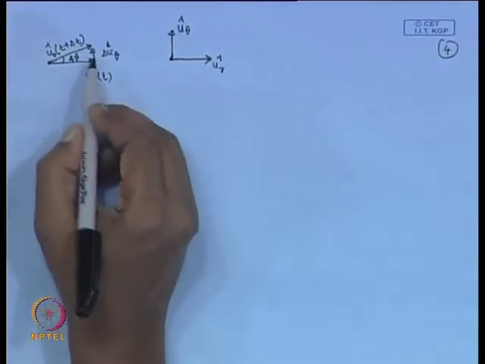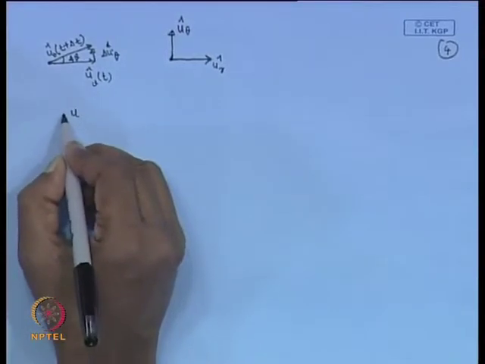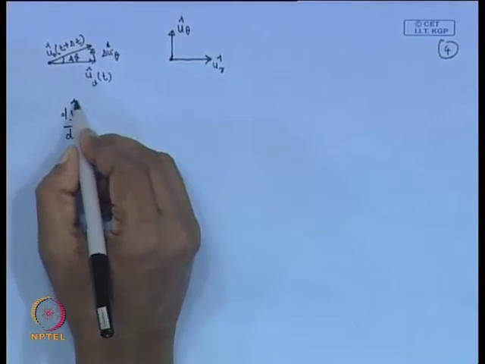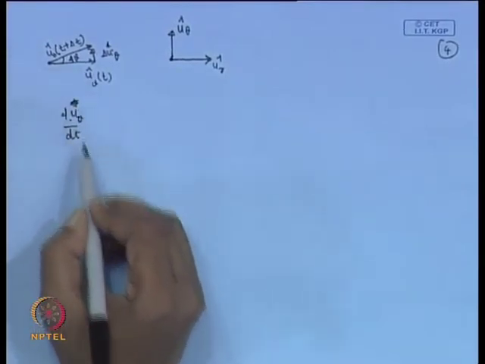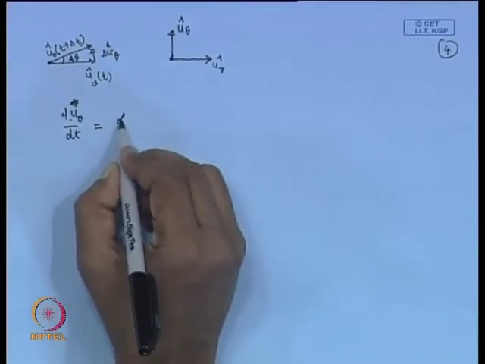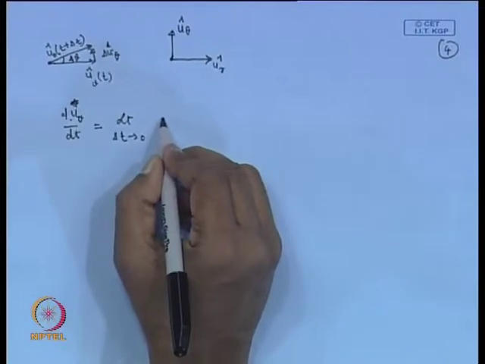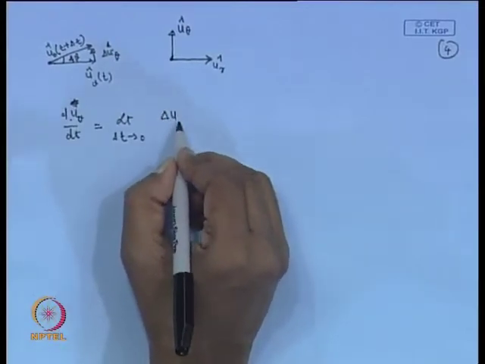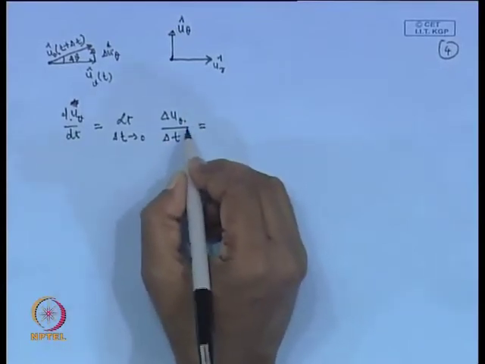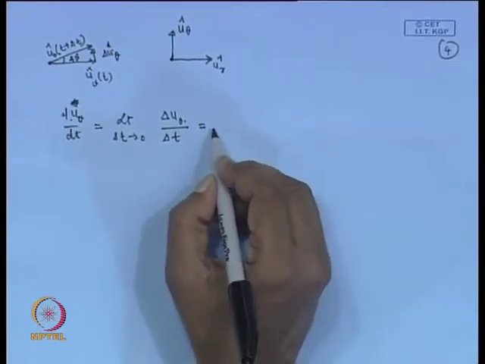So, from this one we can write again that d u theta cap by dt, or we can remove the cap sign here, in the limit delta t tends to 0. So, this is delta u theta divided by delta t, and how much is delta u theta going to be?